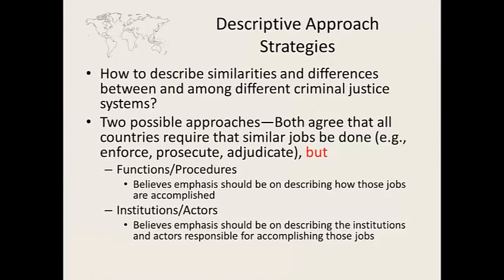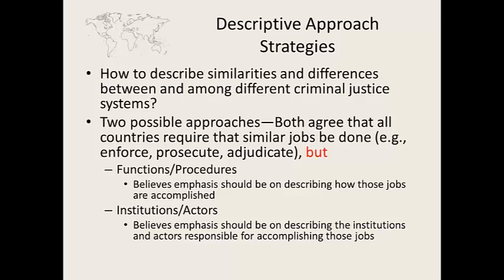This descriptive approach, as I said, is the one that we're going to be highlighting here. This approach tries to describe the similarities and differences in the various criminal justice systems that might be of interest to us. There are two approaches that we can take in describing these similarities and differences.